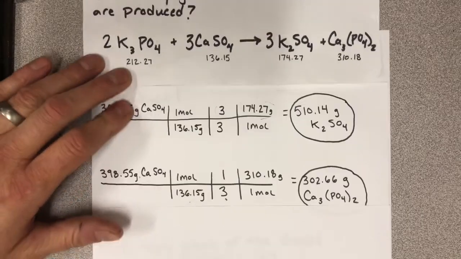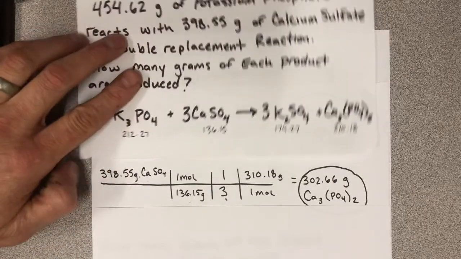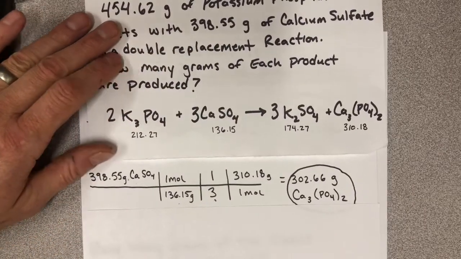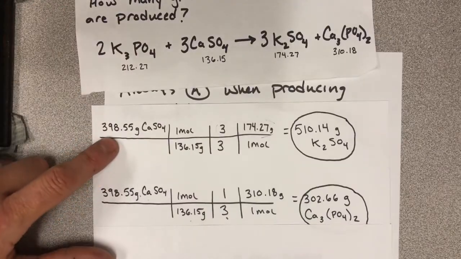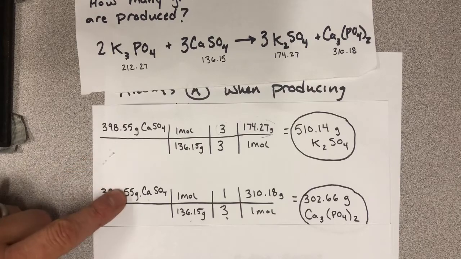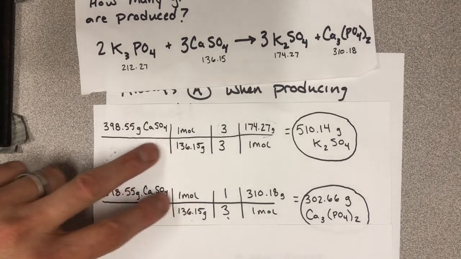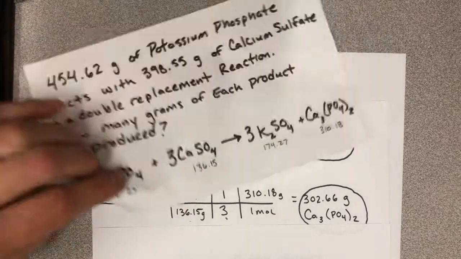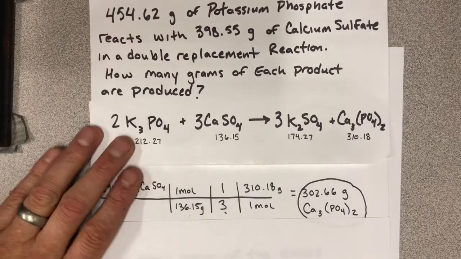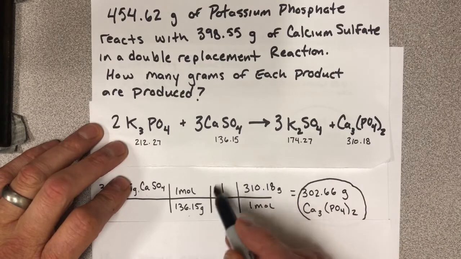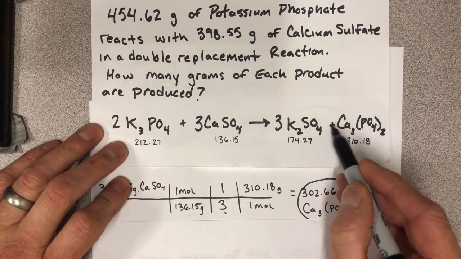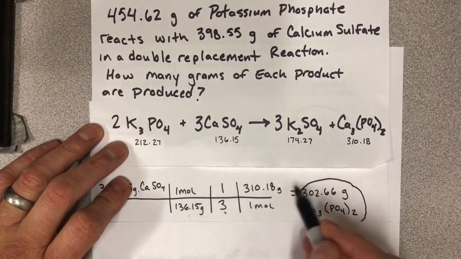Okay, we're asked about both of the products, so here's the math on the second product. And again, we're using the same setup basically because it's the same limiting reactant. So the first part of these two problems is pretty much the same. And so for the second product, which is calcium phosphate, we're going to have a different coefficient here, the 1 that comes from the calcium sulfate, and a different molar mass.